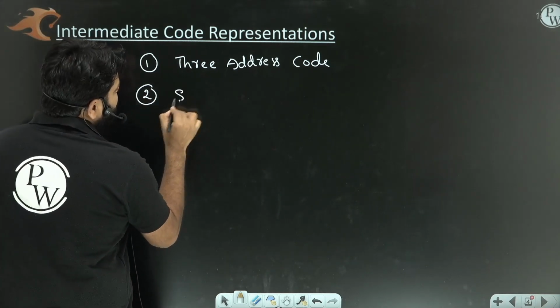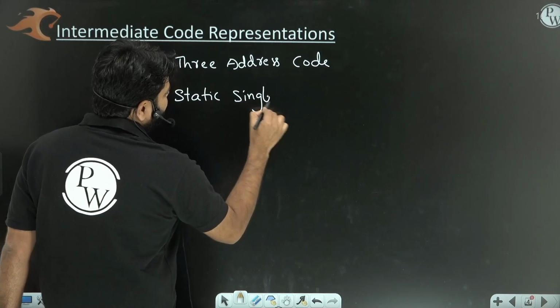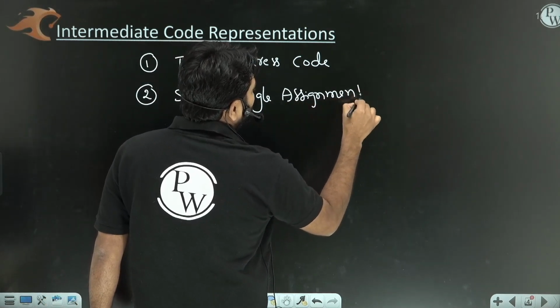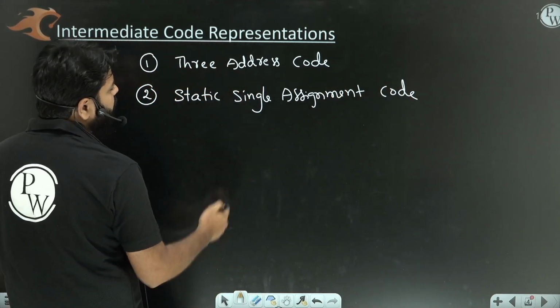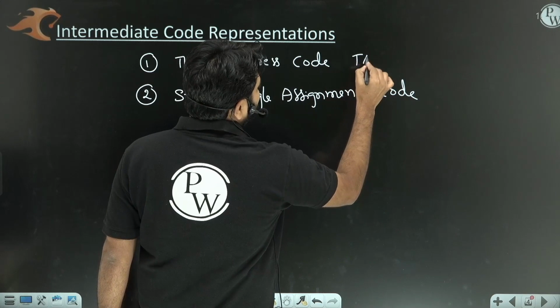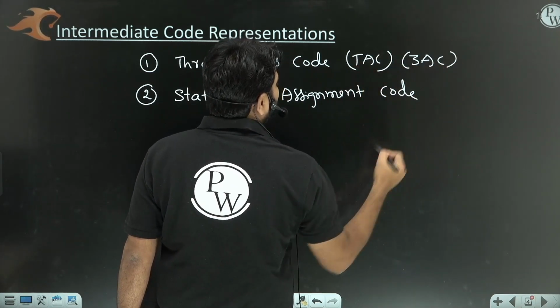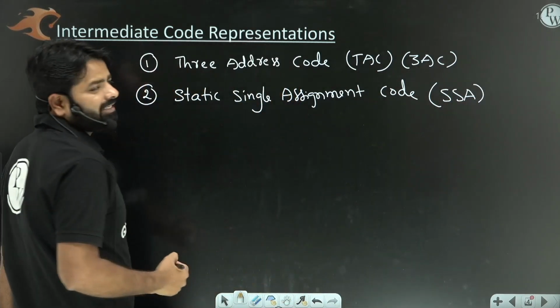Another one, static single assignment, which is also 3-address code, but restricted somehow. The first one you can call TAC or 3AC. The other one is SSA, static single assignment code.